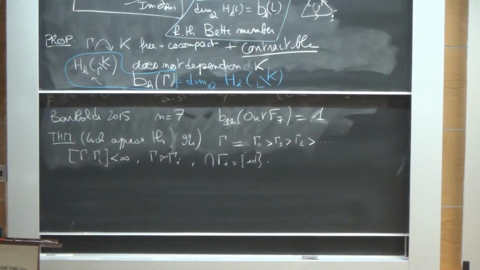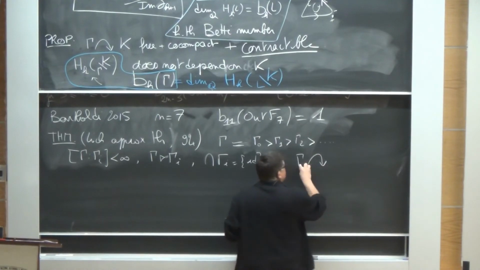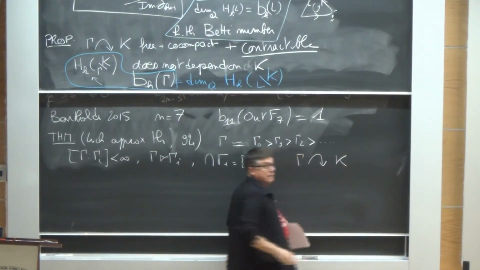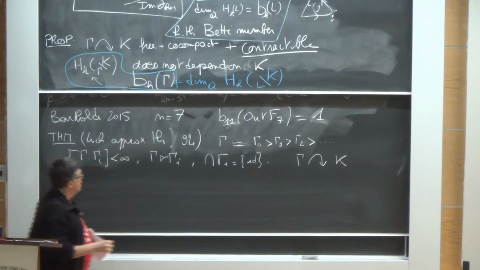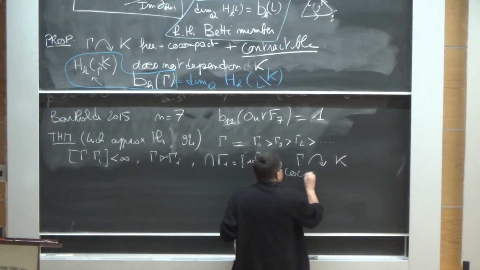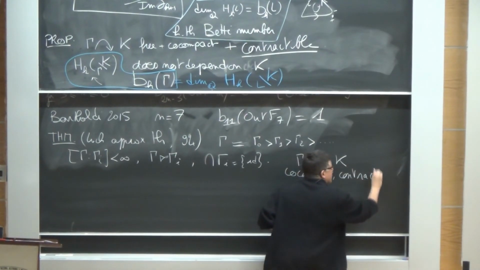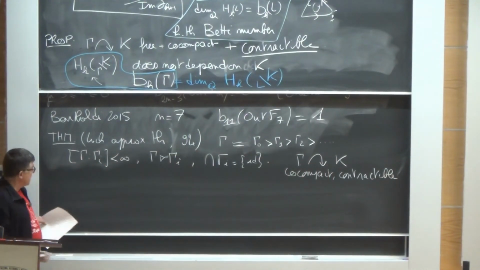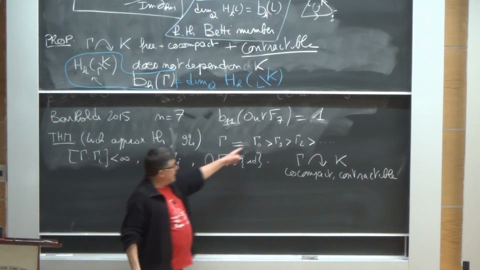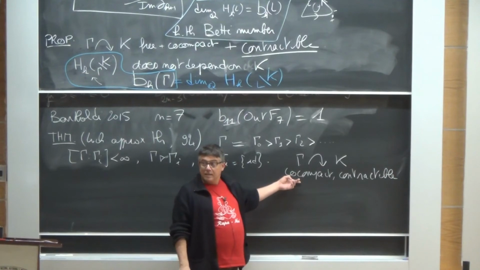Okay? Then we moreover look at an action of gamma on some K, which is co-compact and contractible. So each finite index subgroup, gamma i, acts the same way.